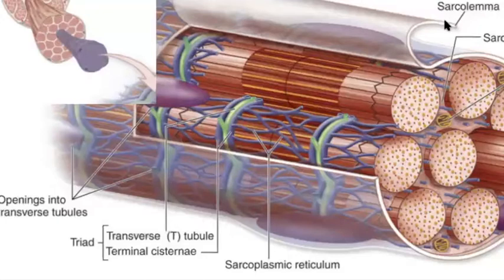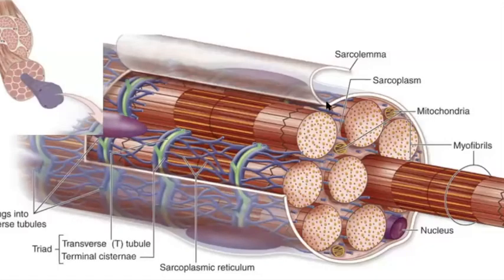The cell membrane itself, instead of just being called the cell membrane, has its special name: your sarcolemma, specialized for excitability. And it's also going to be containing the neuromuscular junction. That is where the nervous system meets the muscle and tells it to do things.